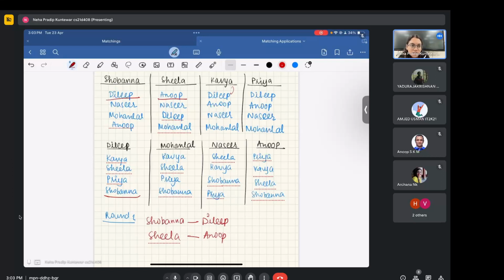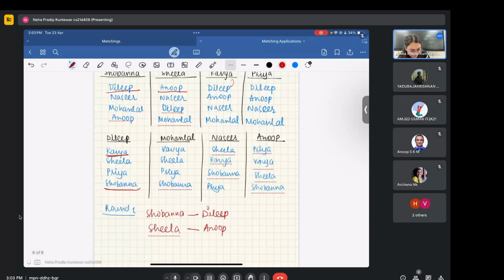So he looks into the list, and because he prefers Kavya over Shobana, he accepts the proposal of Kavya. So Kavya is engaged to Dilip, and Shobana's proposal is rejected. Now Shobana is single.